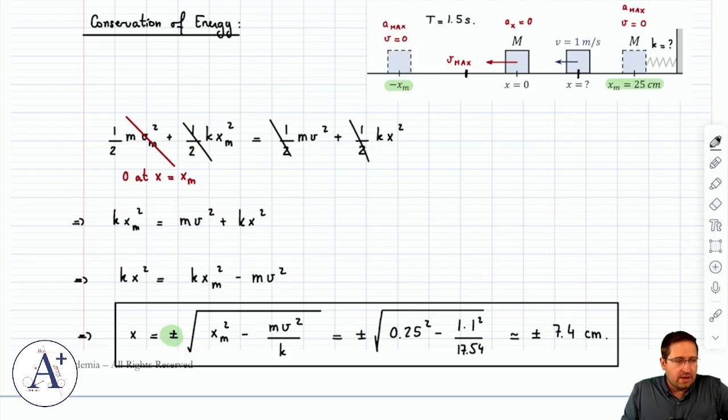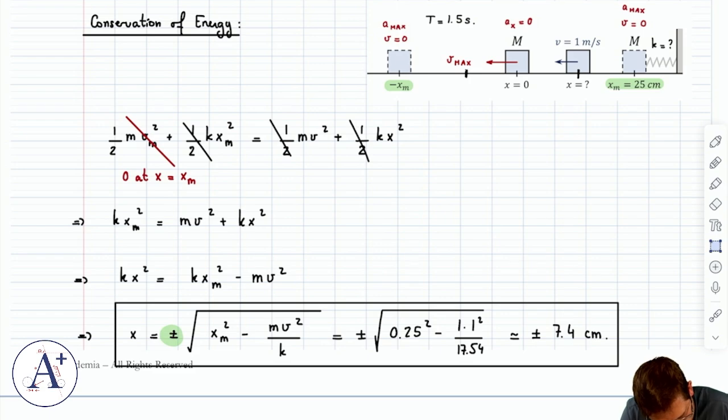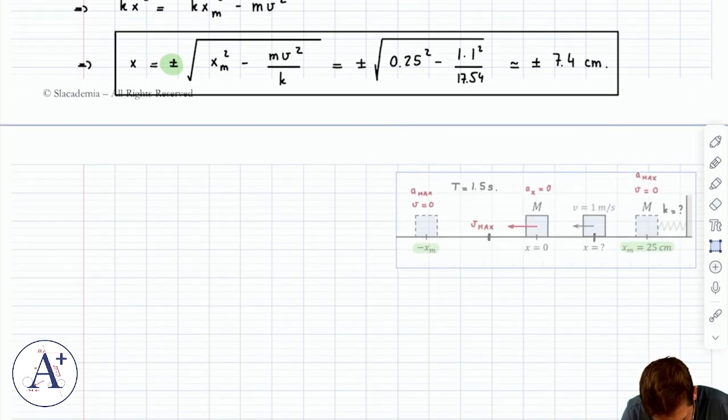Okay, so the next question is, what is the kinetic energy of the mass at those positions? What is the stored elastic potential energy U spring at those positions? Okay, so we have this thing here. Let's bring it down here.